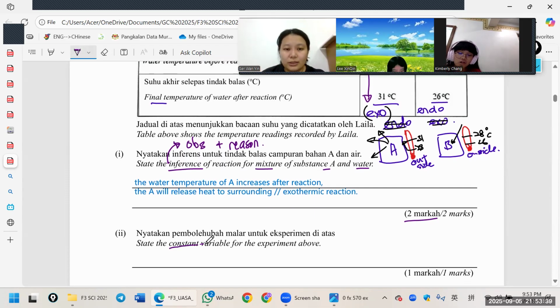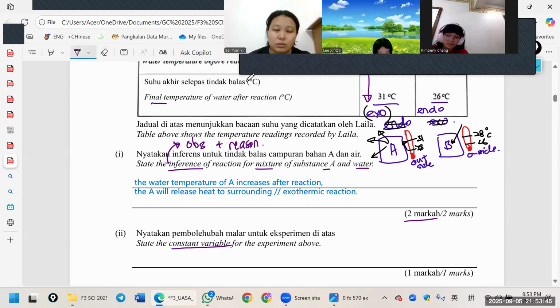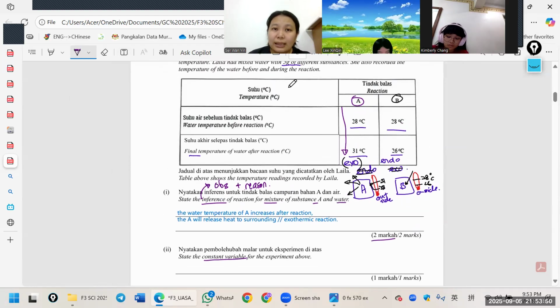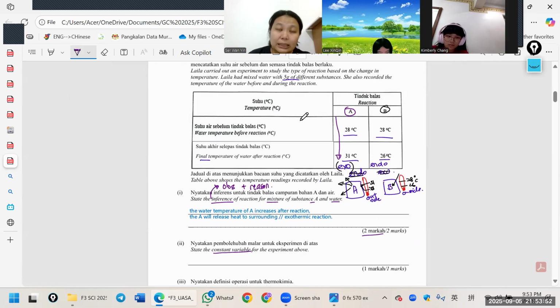Now, what's the constant variable for this experiment? What is a constant variable? It does not change. Right, you must fix it. If you don't fix it, it will affect the result of the experiment. If you say type of beaker, it doesn't matter.